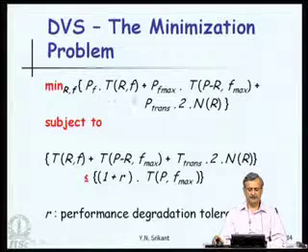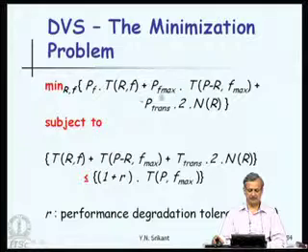The energy of the CPU for the program is in three parts. The first part is the power spent by the region R at frequency F multiplied by the time spent by region R at frequency F. Power into time is energy.